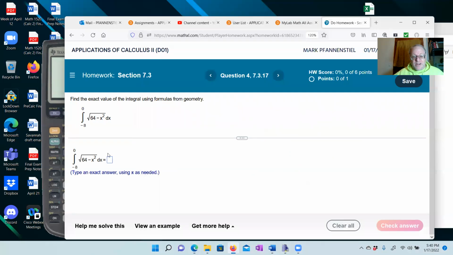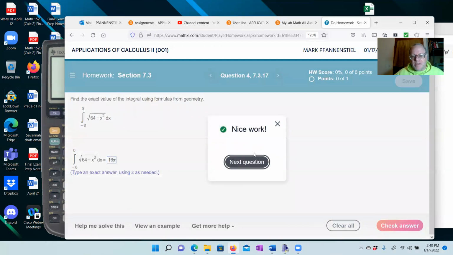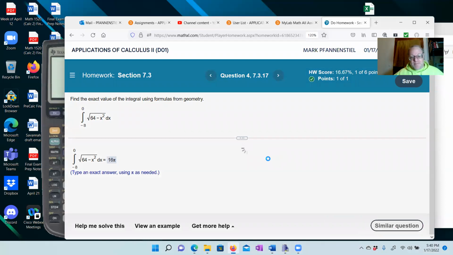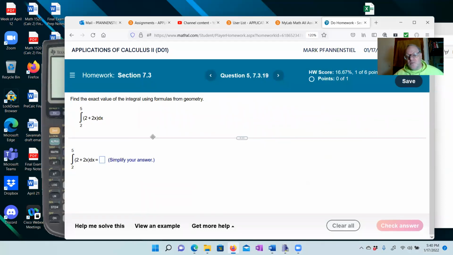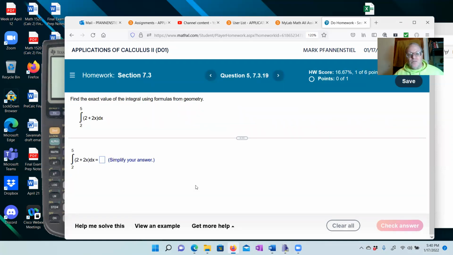We can plug it in here, 16 pi, and that's what they want you to do. That's the kind of thing you do with this one. It's the same thing you do with the other one too. You just add and subtract rectangles and circles.